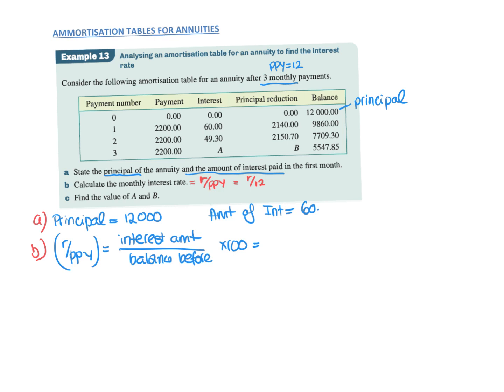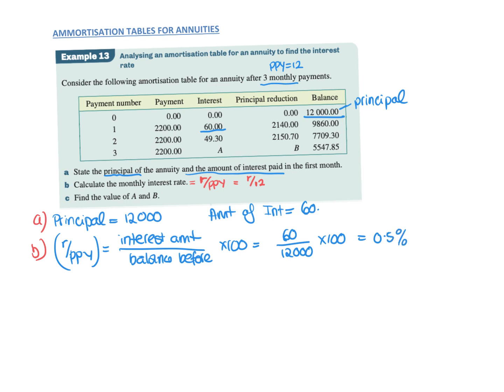Because this is monthly. So I'm going to take an interest amount of 60, divide it by a balance before, which was 12,000, times it by 100, so I end up with 0.5%.